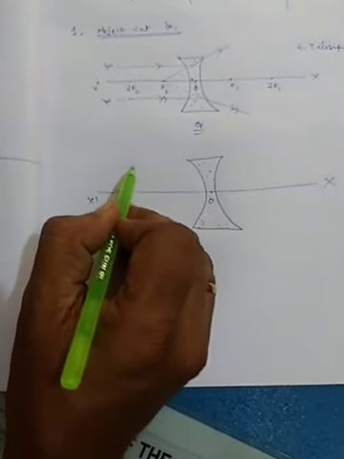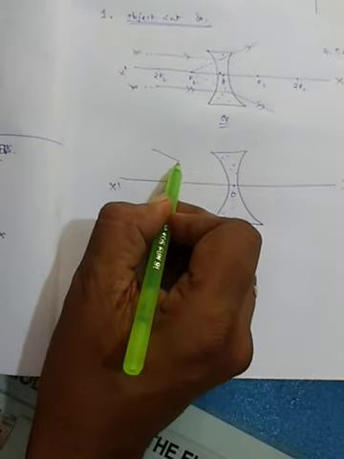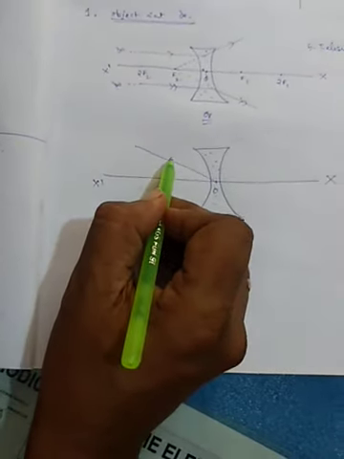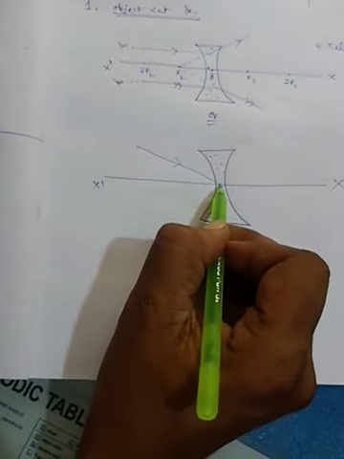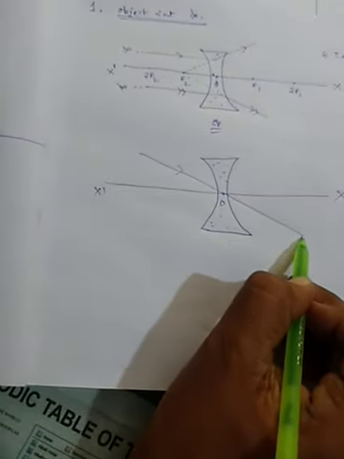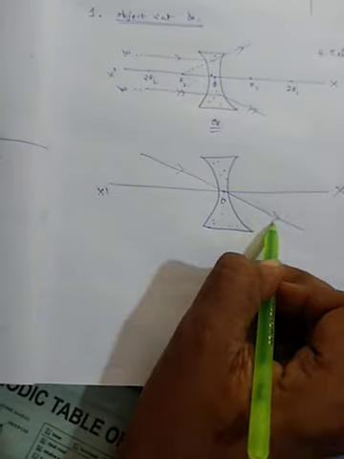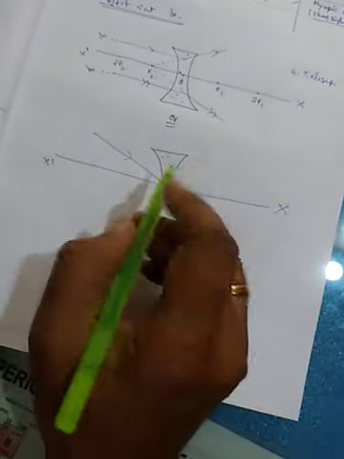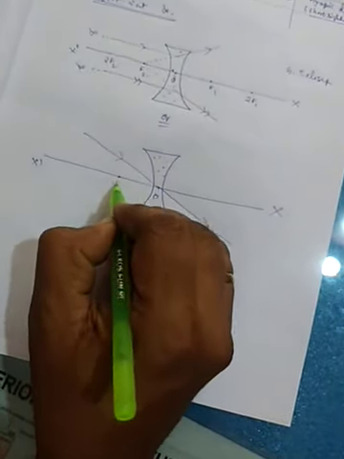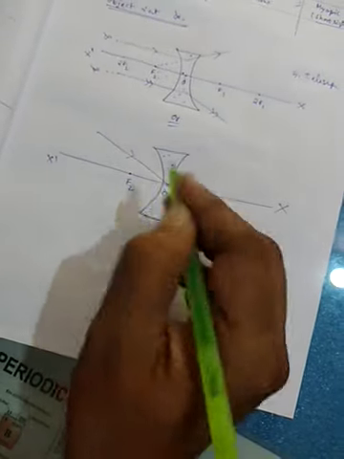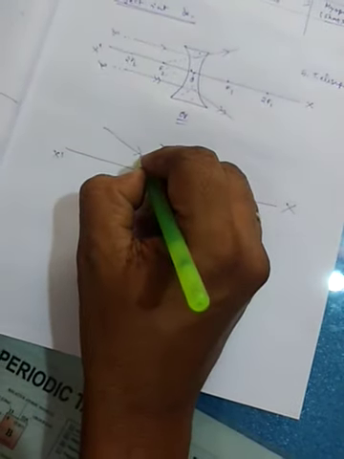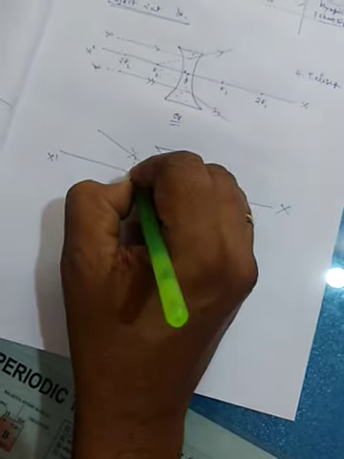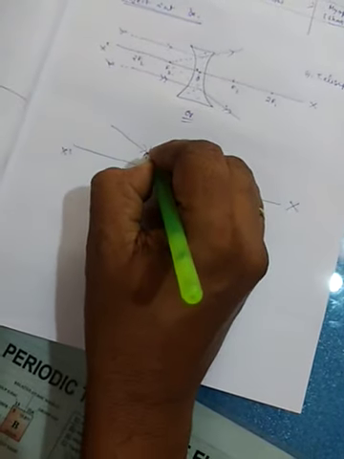First you should draw the incident ray obliquely, passing through the optic center. First imagine that the image is formed at the second focus. First you draw the image, virtual and erect. This one is the image.